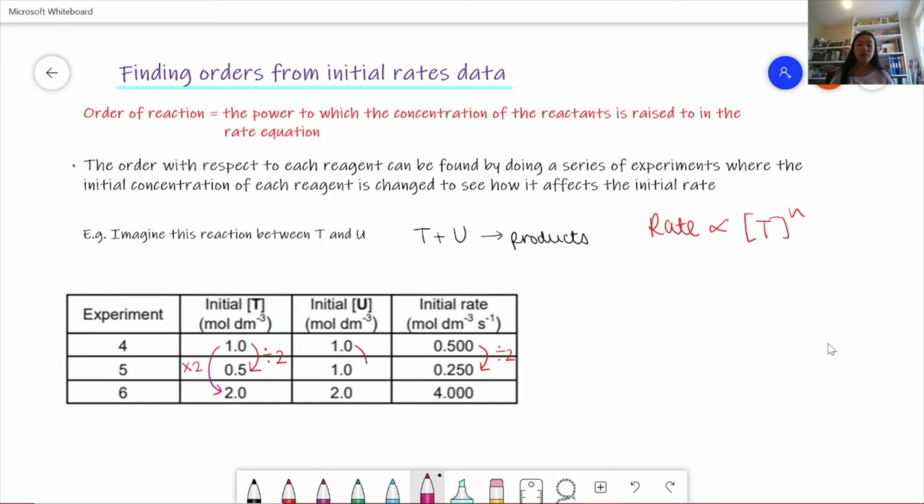And then for U, we also multiply by 2. And then for the initial rate, we have multiplied by 8.